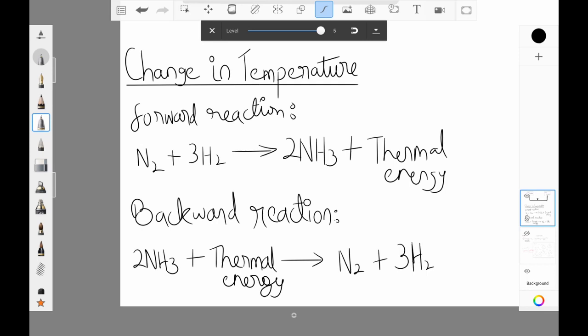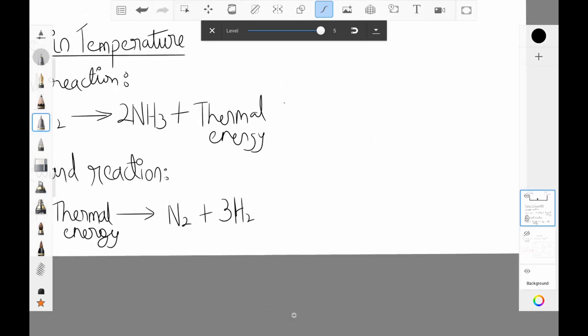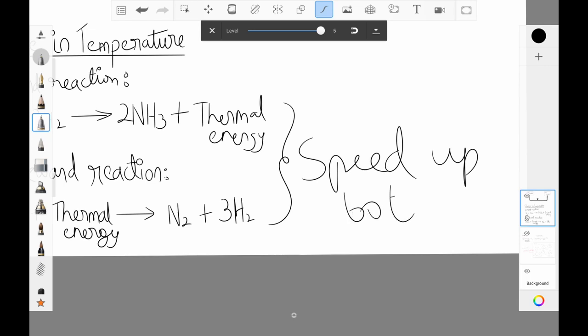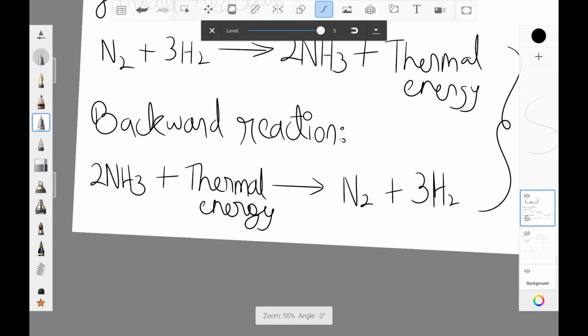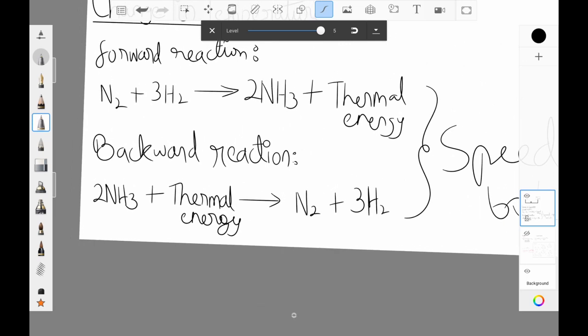Since the forward reaction is exothermic and it gives out heat, heating would speed up both the reactions, but it favors the endothermic reaction because you're applying more heat, so there's more thermal energy for the ammonia to absorb and break down. So while yes, it speeds up both, it helps this one more than the other one.